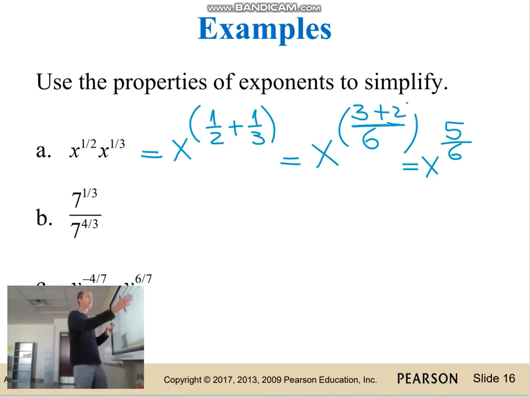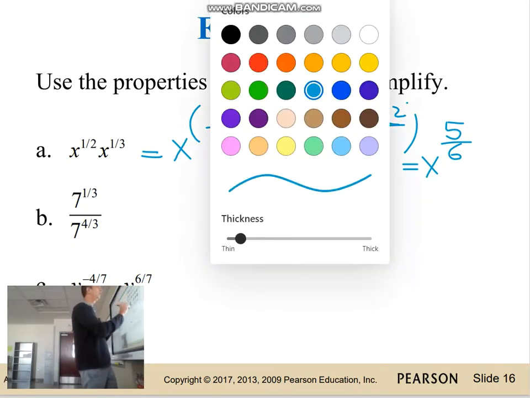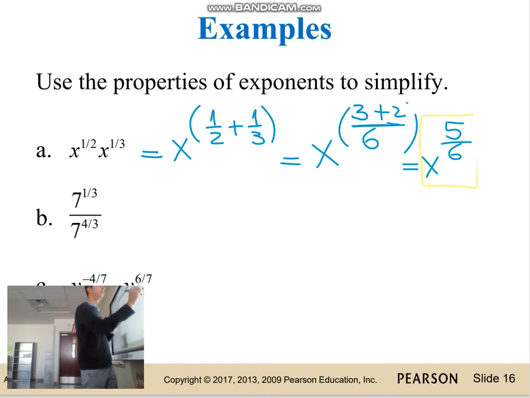This is the answer, this is the result. But remember that we can also represent this using the root and exponent notation. The denominator here is going to be the index of the root, and the numerator is the exponent, right? We've seen before. So this is the answer.